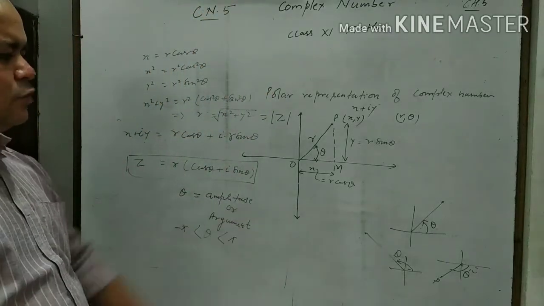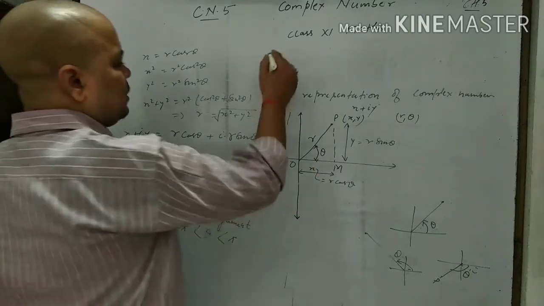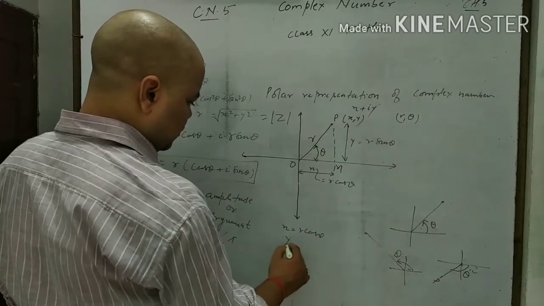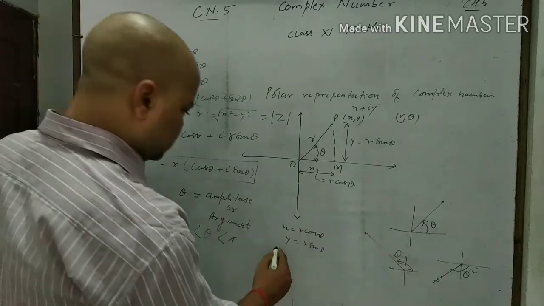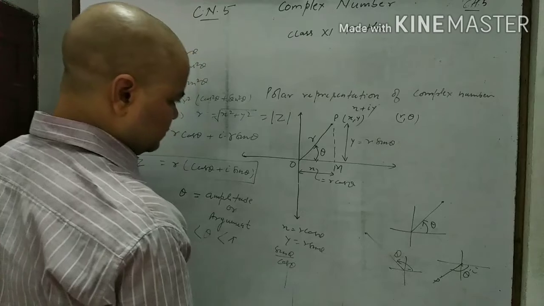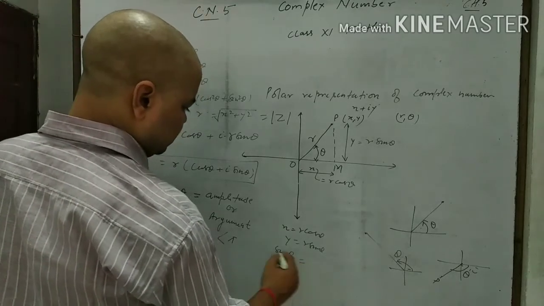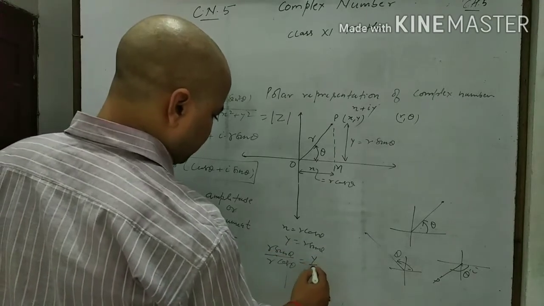Similarly, we can find the value of theta also, because we know that x is equal to r cos theta, y is equal to r sin theta. Then sin theta upon cos theta is equal to r sin theta upon r cos theta, which is y by x.